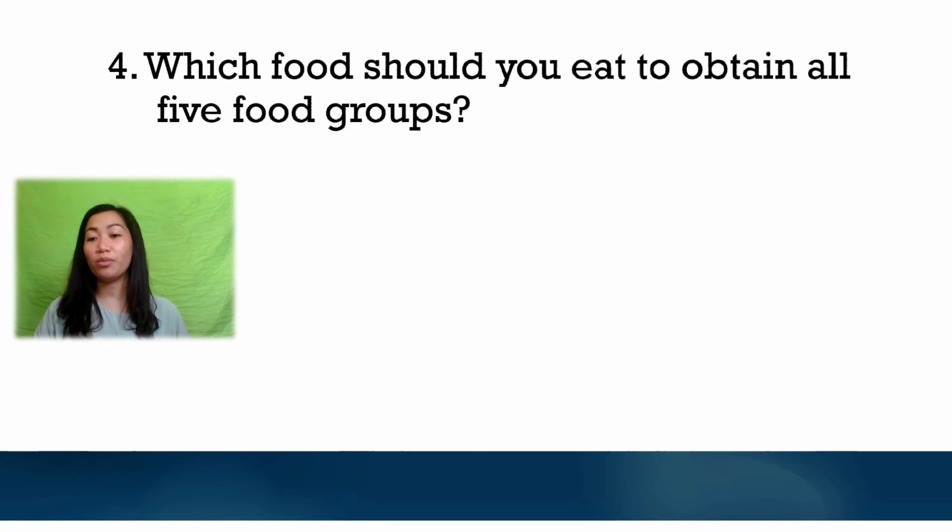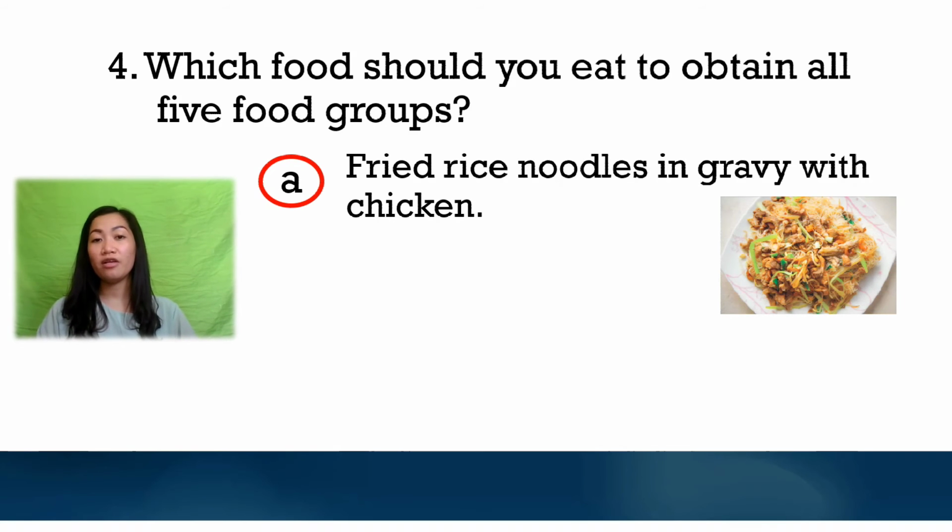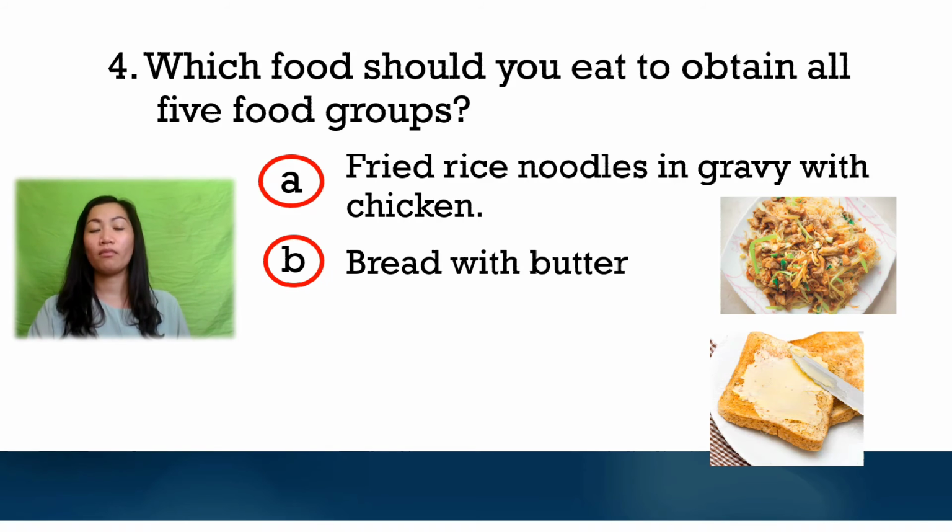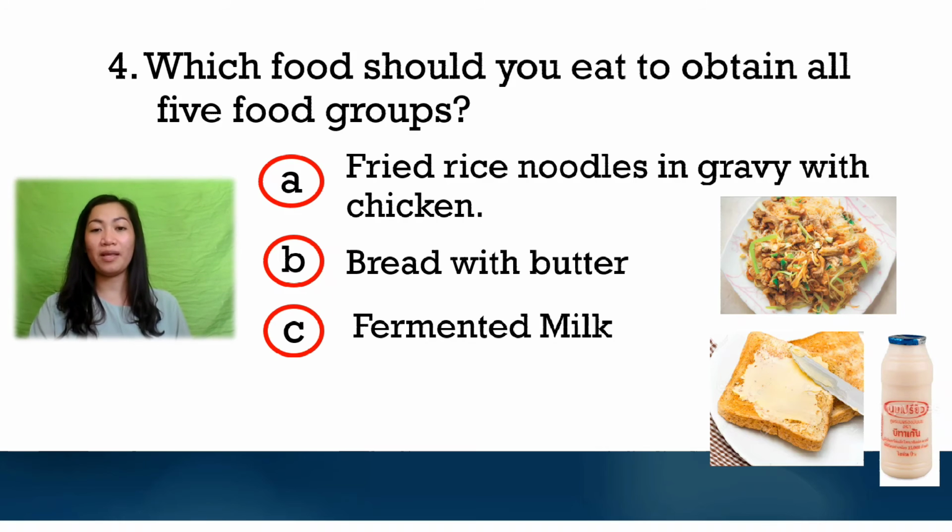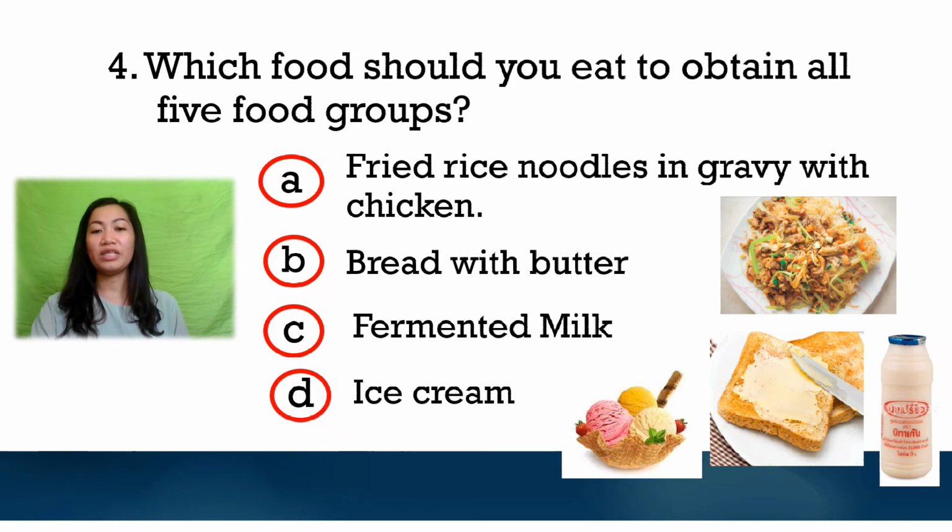Okay, for question number 4, which food should you eat to obtain all 5 food groups? We have letter A, fried rice noodles in gravy with chicken, letter B, bread with butter, letter C, fermented milk, letter D, ice cream.